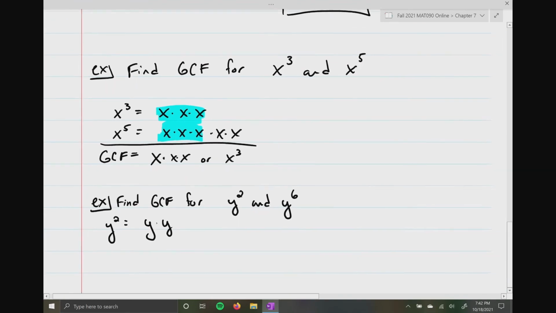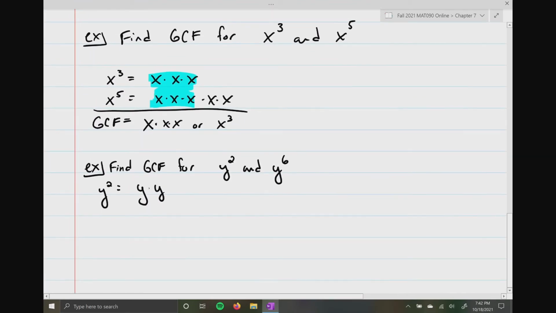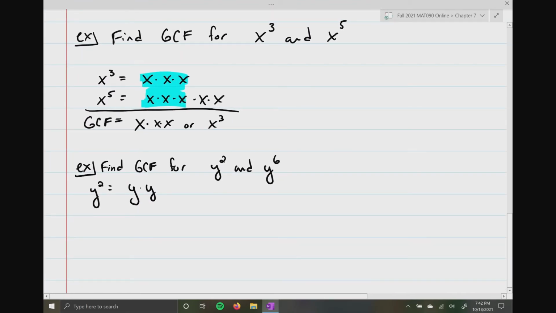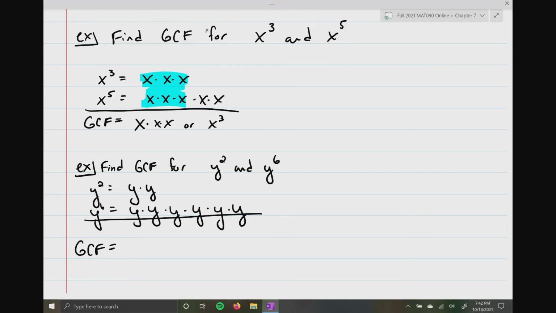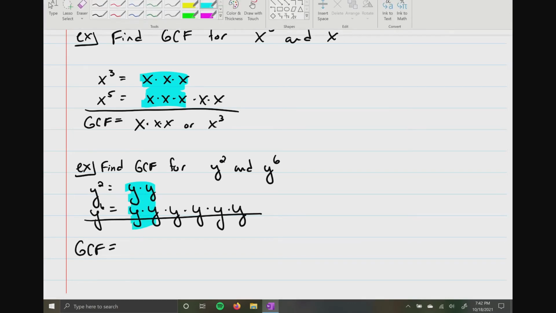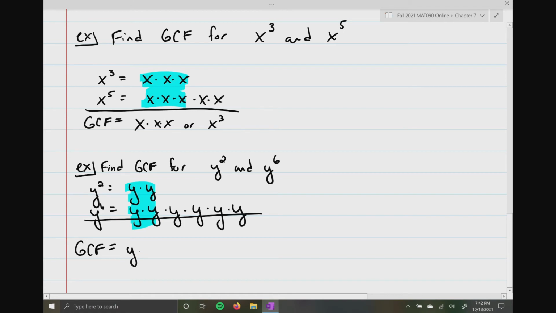I can zoom out here a little bit because I want to keep the previous problem on the screen. Y to the sixth is going to equal y times y times y times y times y times y. Once again, our GCF is going to equal the overlap here. So we're looking for the overlap. Beautiful. It's right there. And that is nothing more than just y times y, or y to the second.